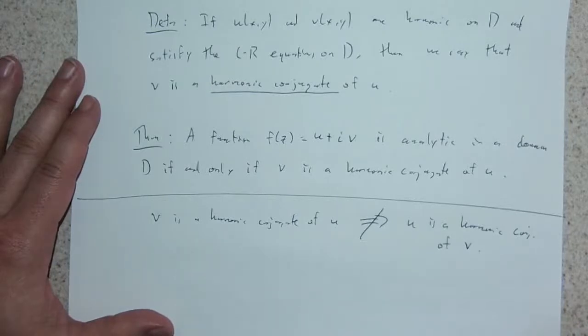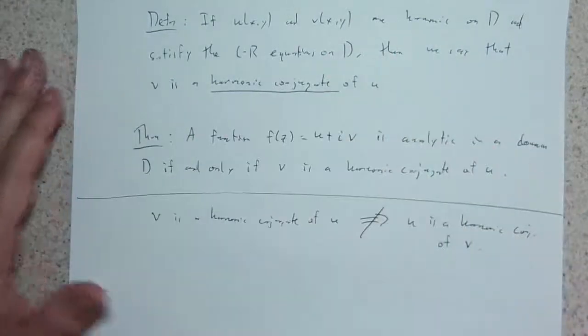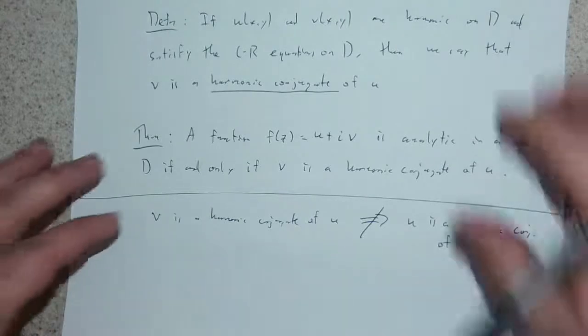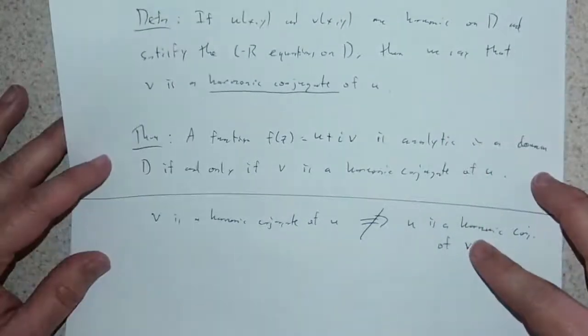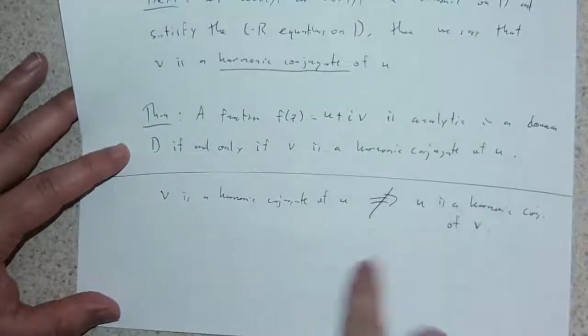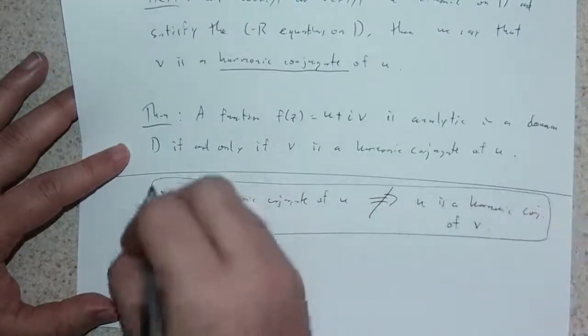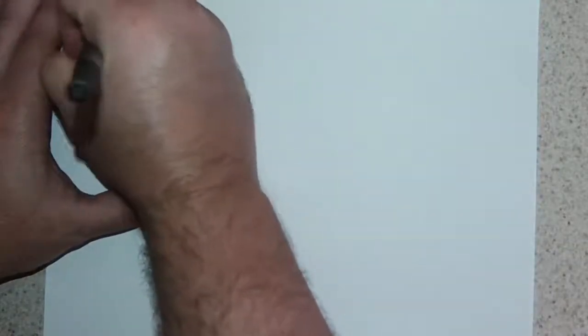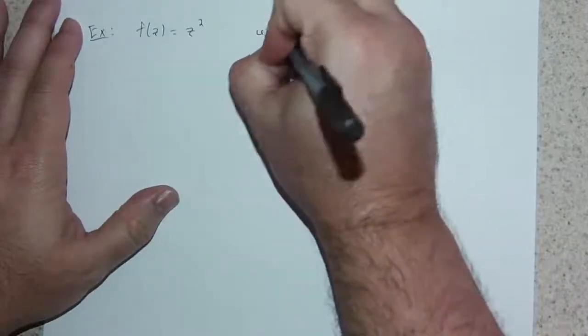To see that this is an issue, I want to look at my component functions of z squared. So this is a warning. If I look at f of z equals z squared as my example, then remember we've done this example several times.